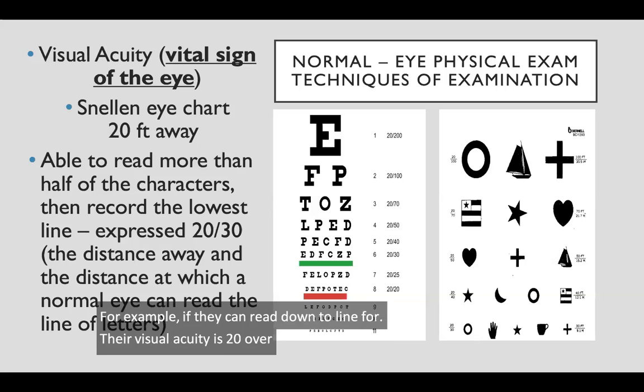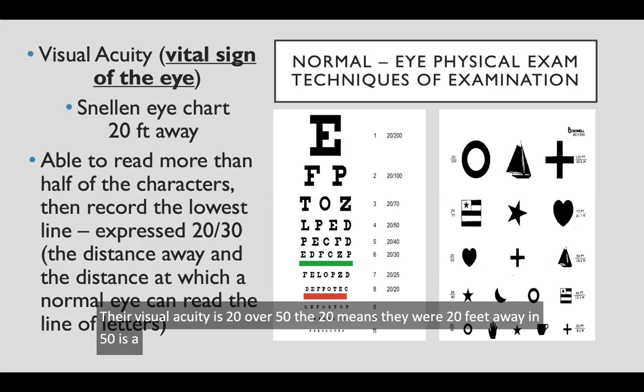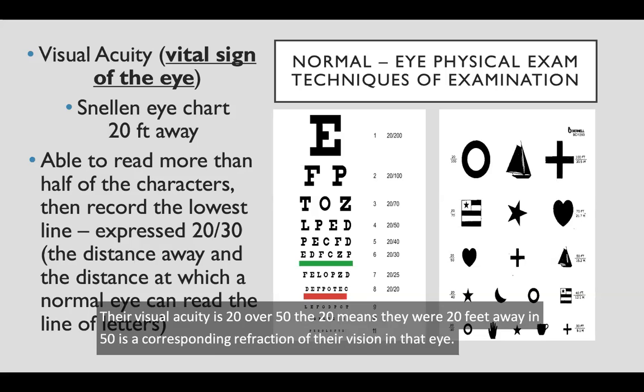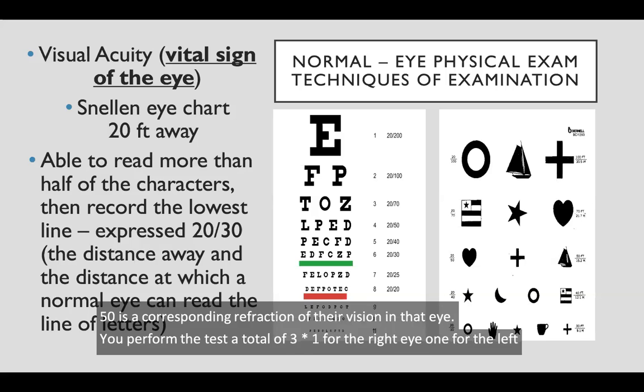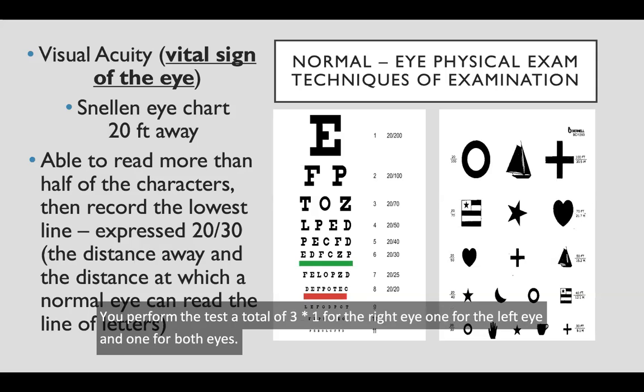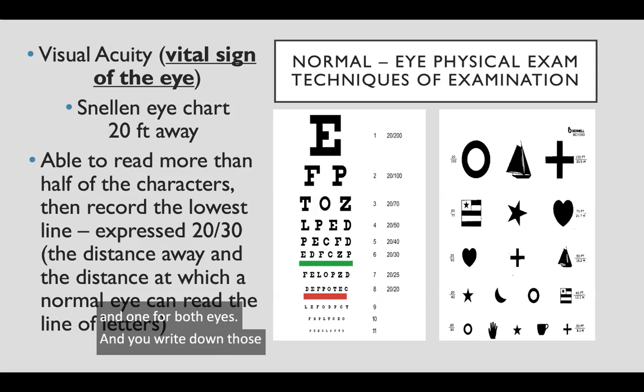The 20 means they were 20 feet away, and 50 is the corresponding refraction of their vision in that eye. You perform the test a total of 3 times, one for the right eye, one for the left eye, and one for both eyes. And you write down those numbers accordingly on your report.